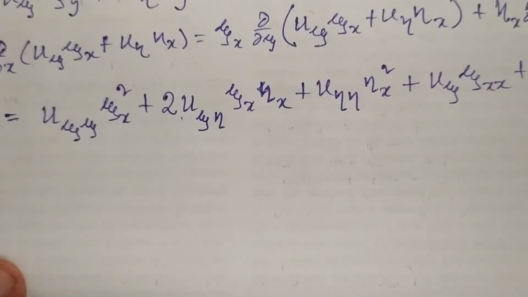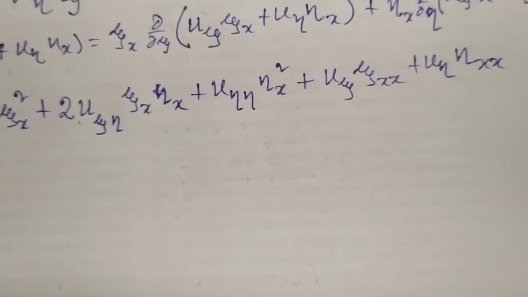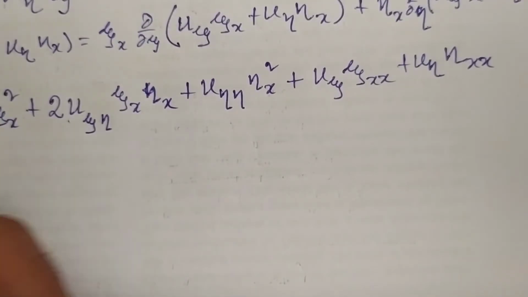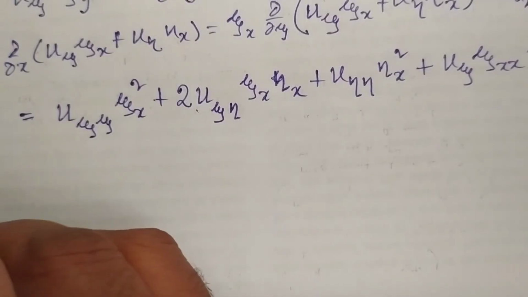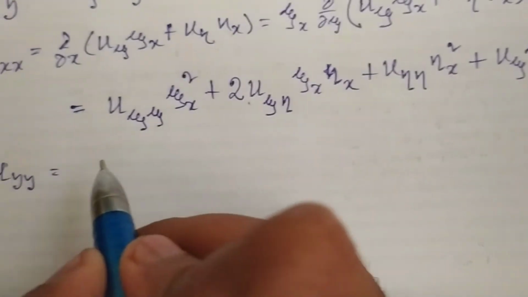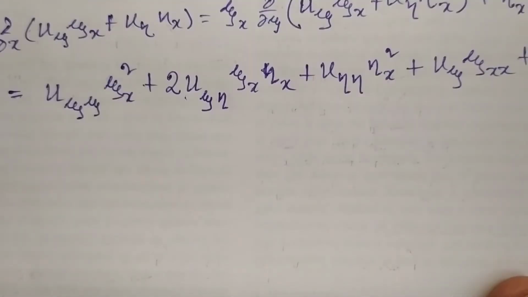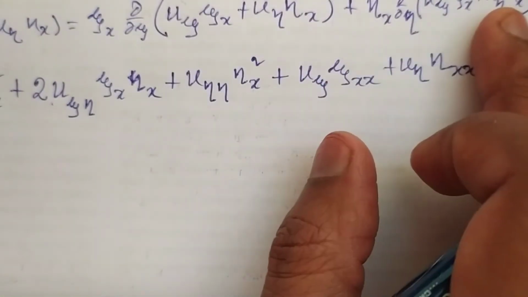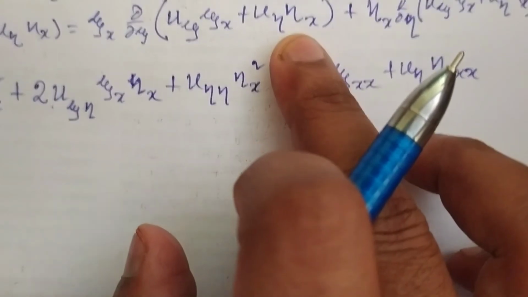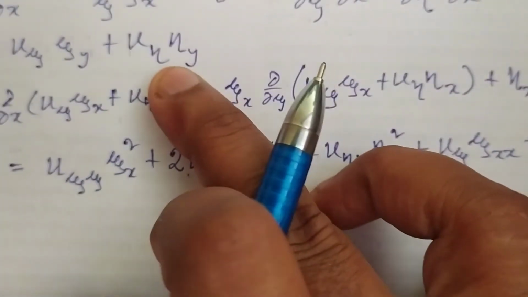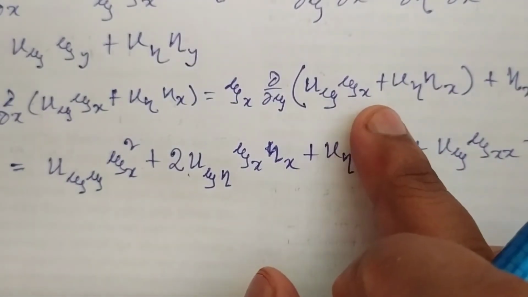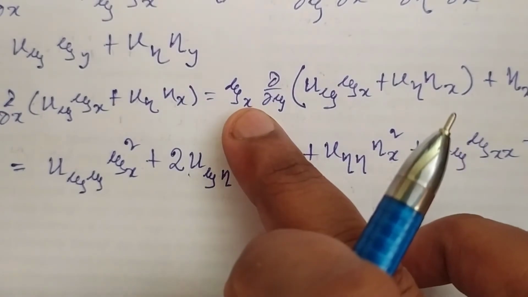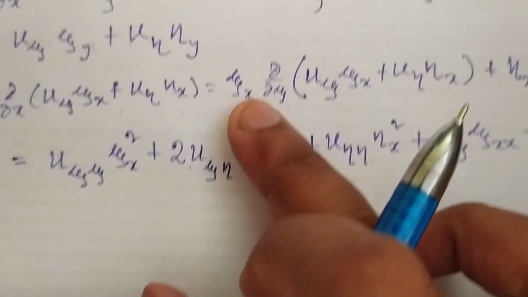Can you see the whole thing, so this is the form, right? And now for u_yy, you can see the same logic will be applied, only here this formula should be written in this parenthesis, and this differentiation should be with respect to y.